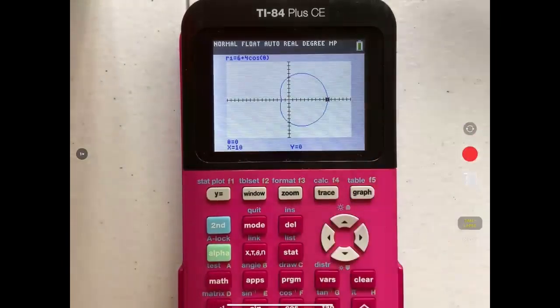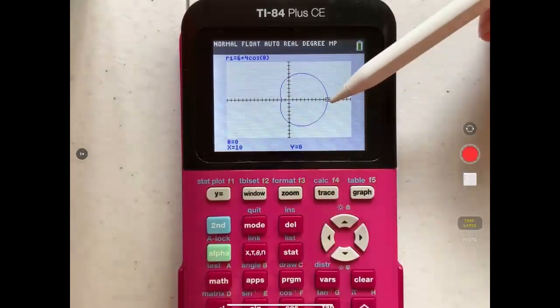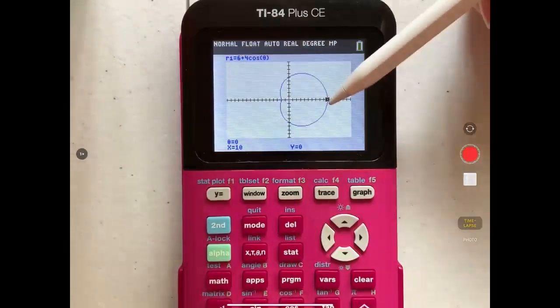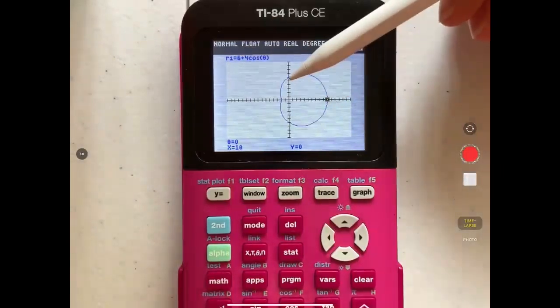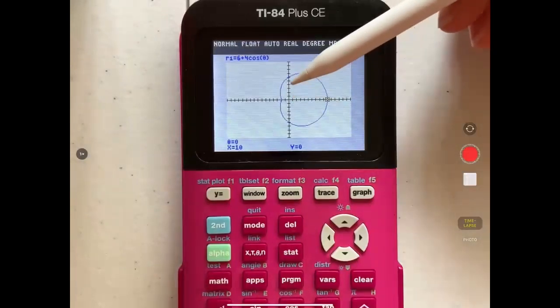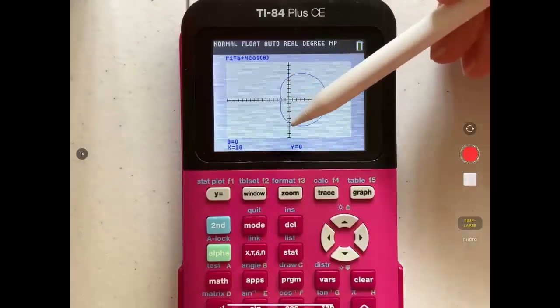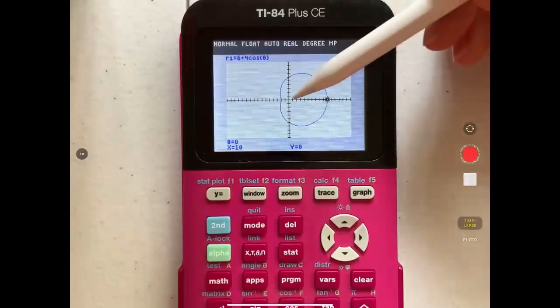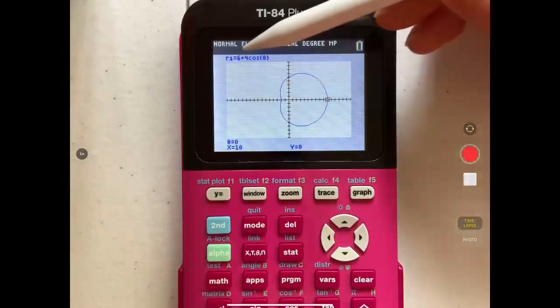So again, if I hit trace, you can see that this value out here is still the value of 10, which is the 6 and the 4 added together. This is now on the y-axis, it's now up at a value of 6. And this is now at a value of -6. That was that first number. So that first number gives you those values up and down here. And remember when we looped in, it went to a value of 2. That was the difference between 4 and 6.